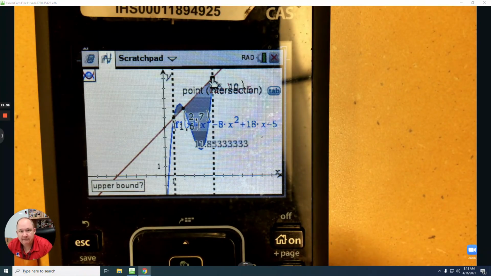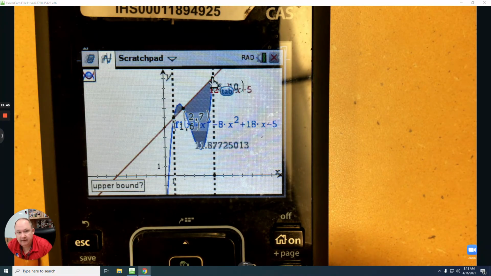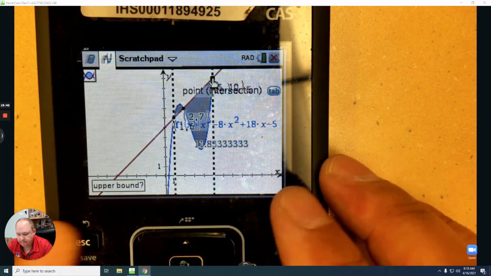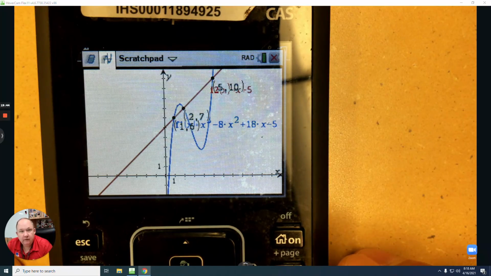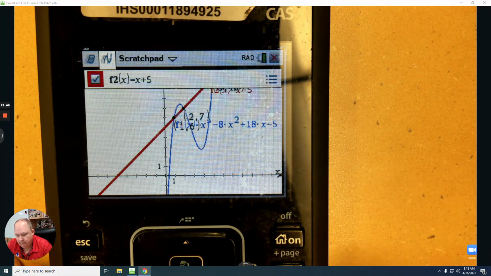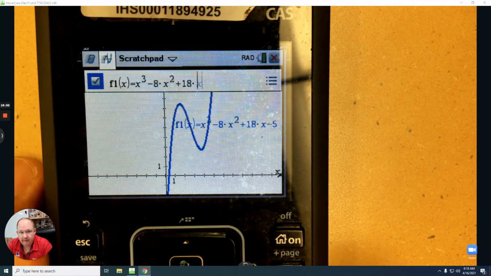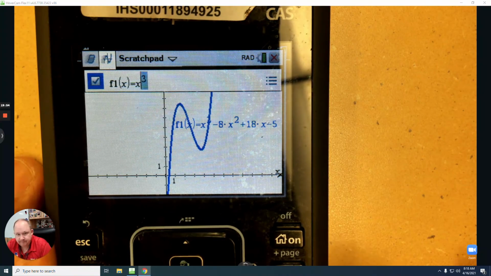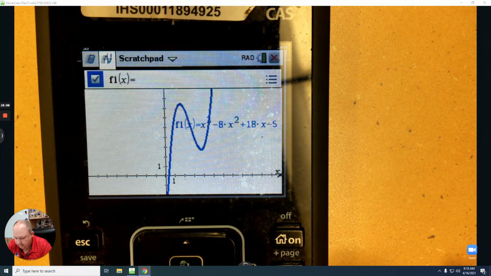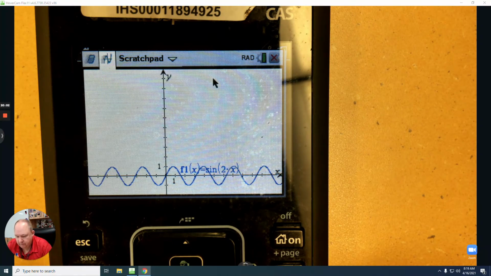I'm going to press tab, and I'm going to clear what I have, and then start again. The first one is sine 2x, and then the second one is just y equals x.